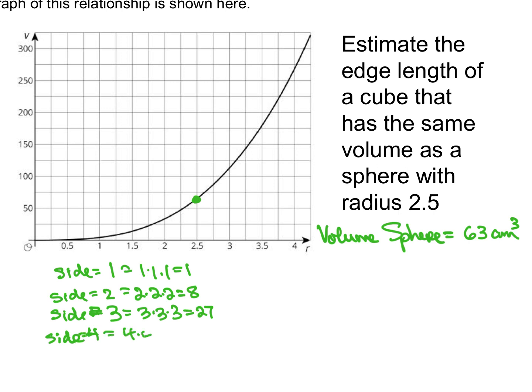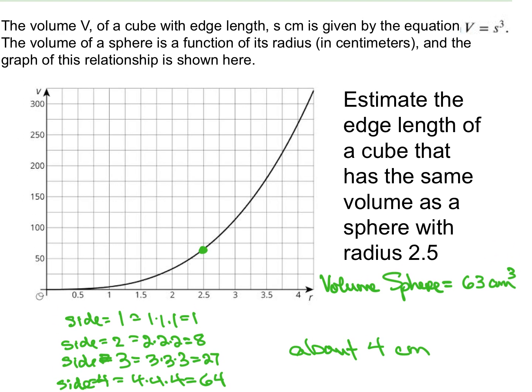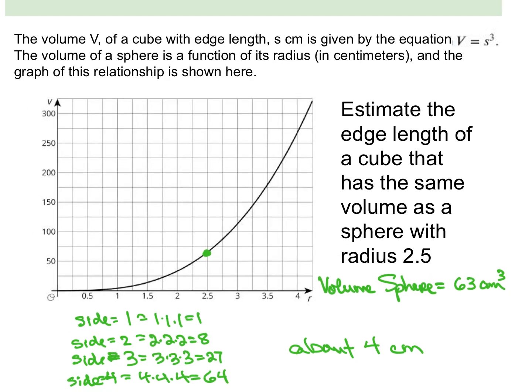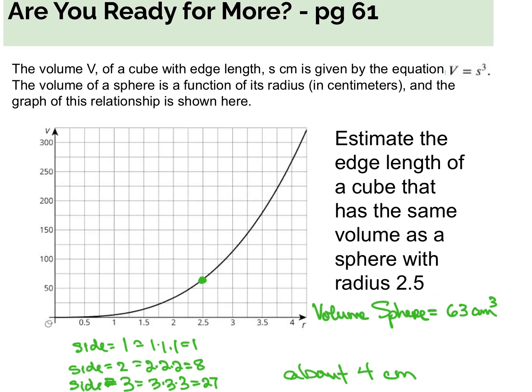So that's 4 times 4 times 4. That's 64. Oh, I wanted 63. That's 64. So we're going to say about 4 centimeters. So again, we're just comparing different ways as far as the difference between the equation. So we had the equation of V equals s cubed and the graph that we have here for the sphere itself.